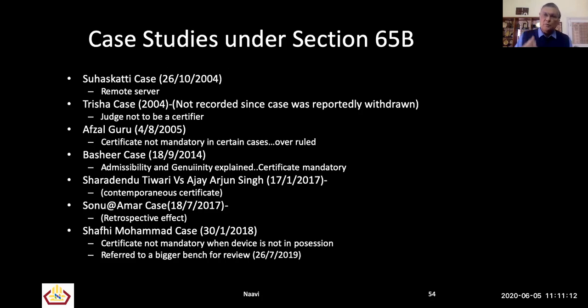If the document is being presented from a different device, it said a Section 65B certificate is not required. Which meant that if there is an electronic document from your computer or your mobile, then a Section 65B certificate is required. If you are taking a Facebook page or a web page, then because that is in the custody of Facebook or Google or some other person, you don't require a Section 65B certificate.